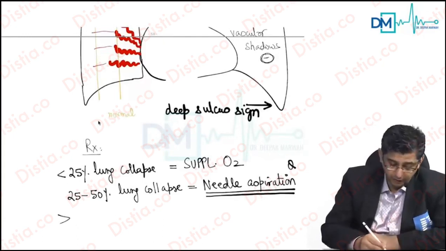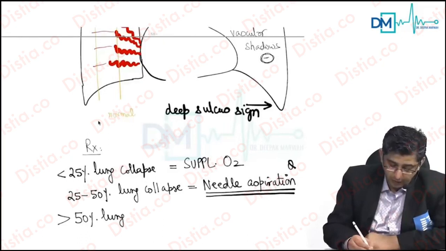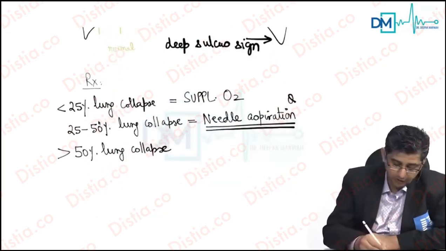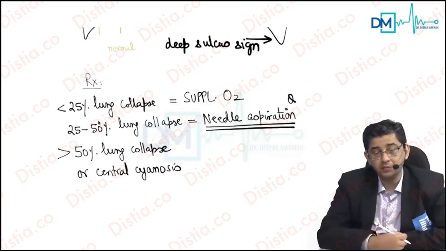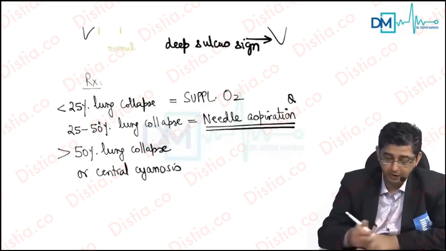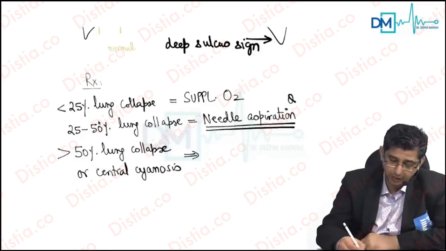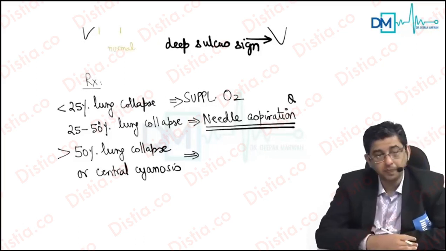Now if you find a question that mentions more than 50% of the lung collapse, or for that matter of fact the question says the patient is having central cyanosis, mind my words here, central cyanosis present, then irrespective of the percentage of lung collapse, you are supposed to manage the case.